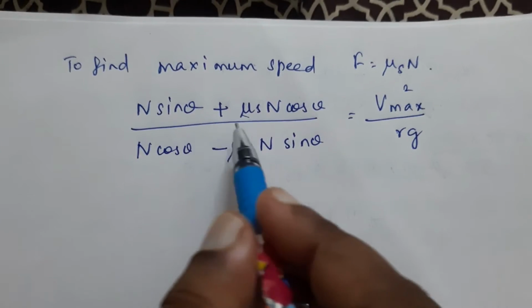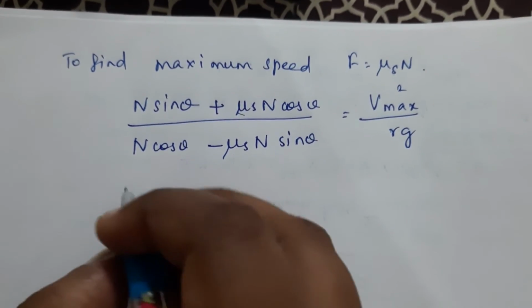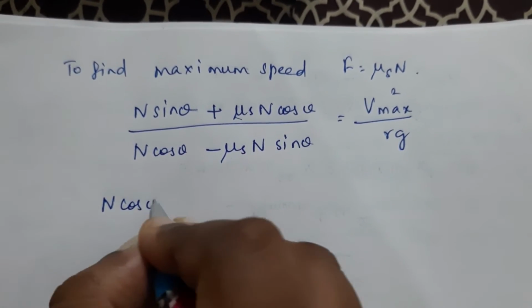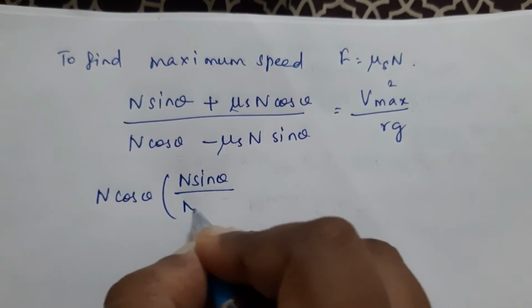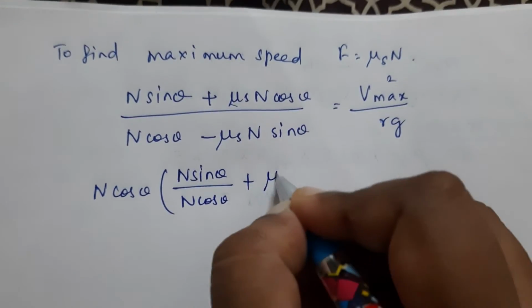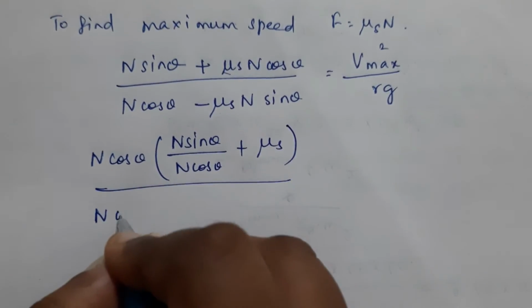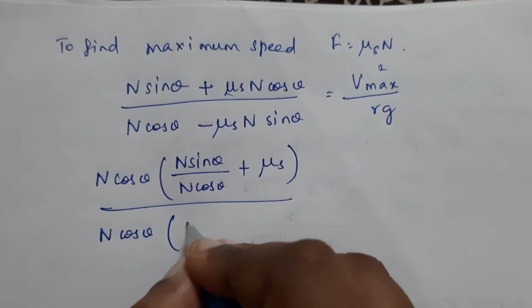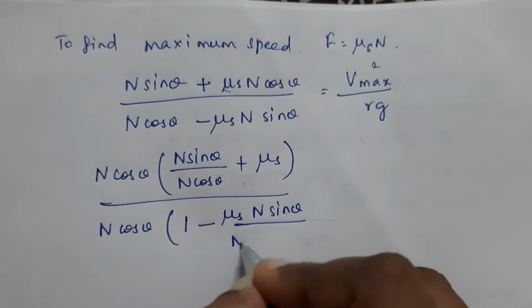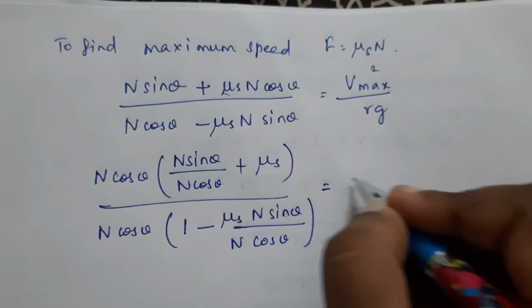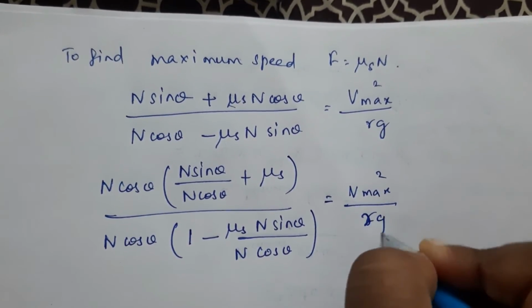Now here I am going to take n cos theta outside. In the numerator, it is n cos theta times tan theta plus mu s. In the denominator also I am taking n cos theta outside, so it is 1 minus mu s tan theta, which is equal to V maximum square by Rg.